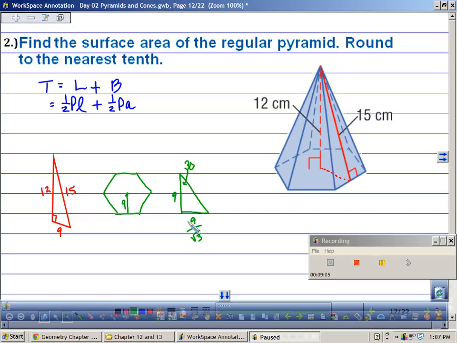Okay, so if I take 9 and divide it by root 3, I actually get 5.19. If that's this side, then what is the whole side? We'll do 10.4.